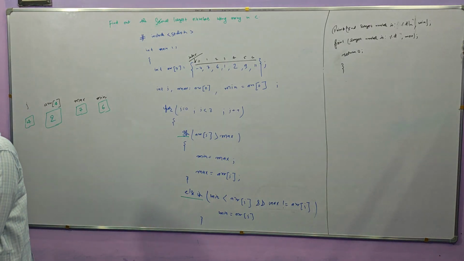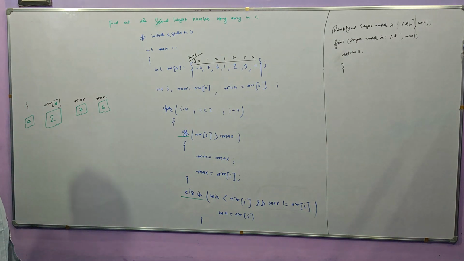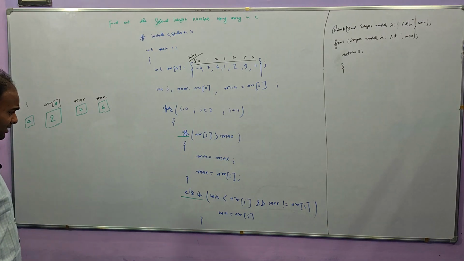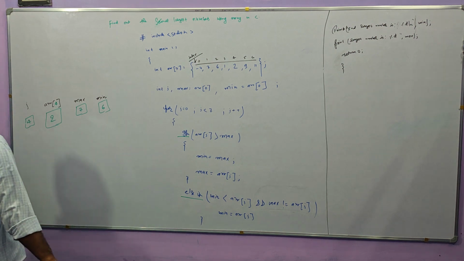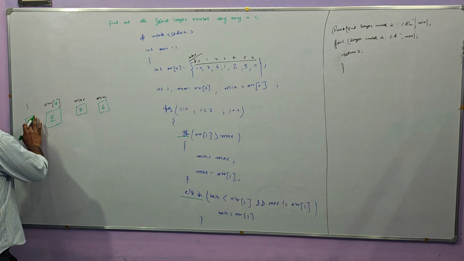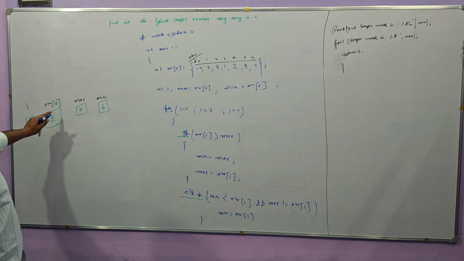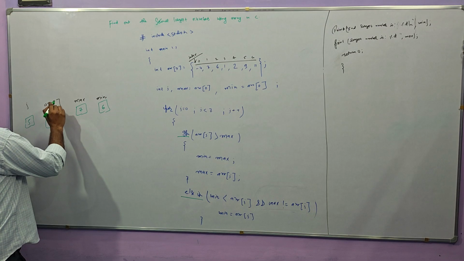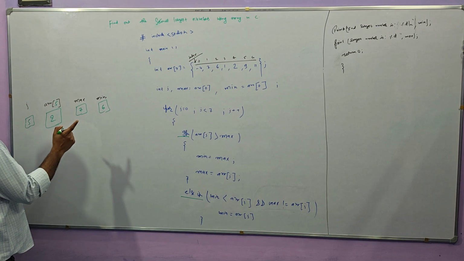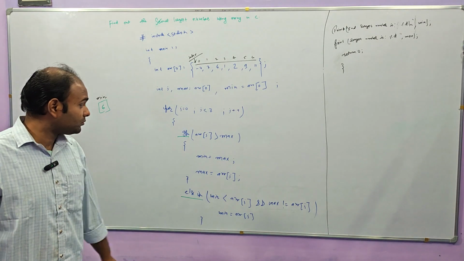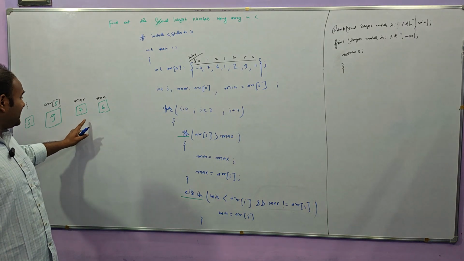So we just increase i, i plus plus, i becomes 5. Now ar[5] becomes 9. 9 is greater than 7, yes.